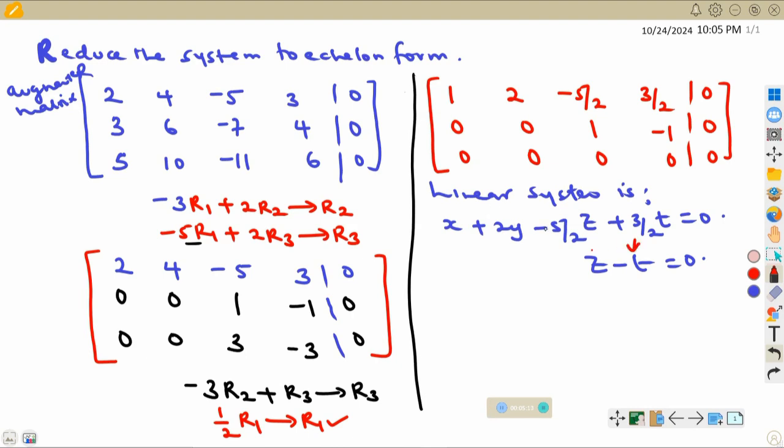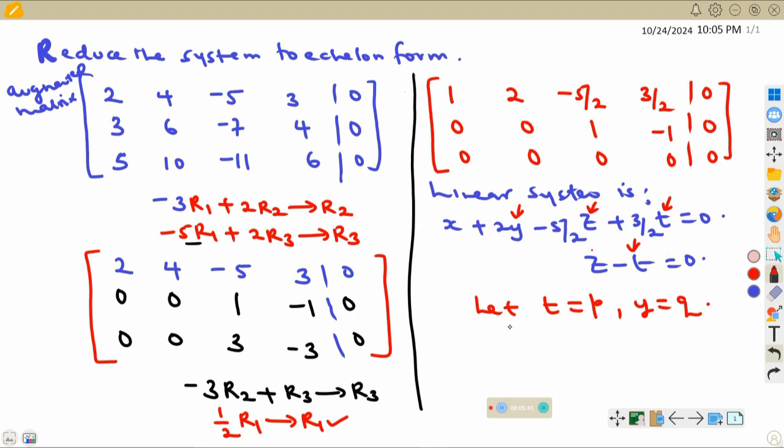So we shall have z in terms of t, and we can relate t but also y. So we shall relate our free variables. We can see we have two free variables, y and t. So let us let t be p and y be q. So that is what we have.